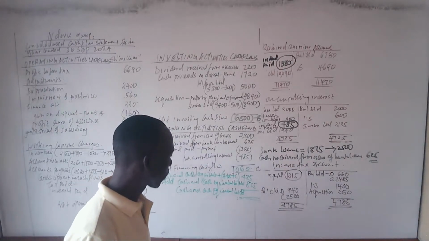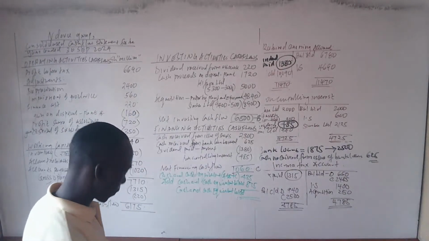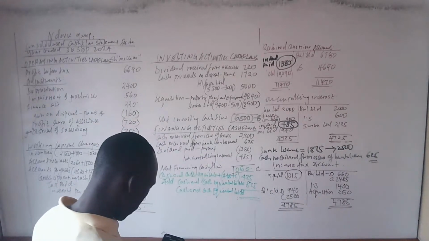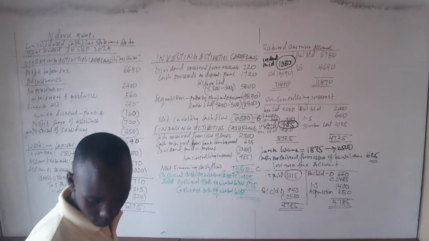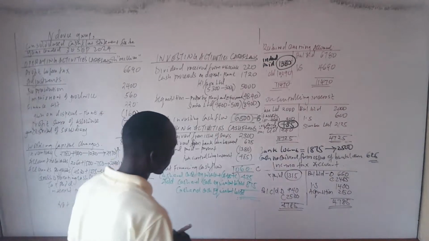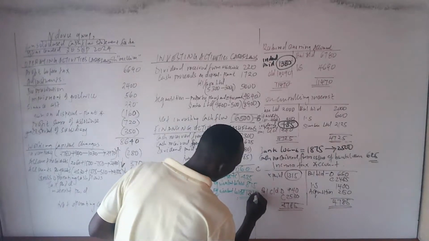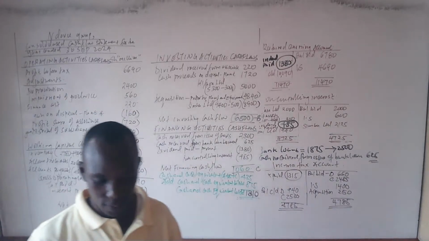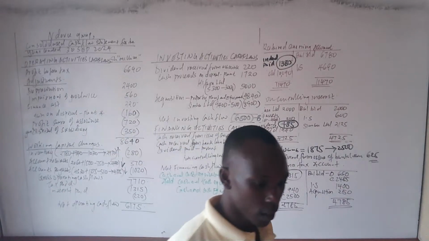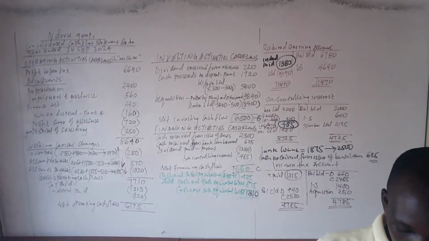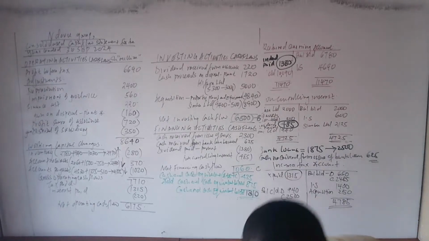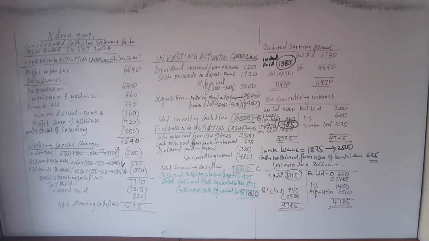When you add these two, are you getting 1310? Let us see, 435 plus 875. Yes, we are getting 1310. So that is how we are supposed to compute that.